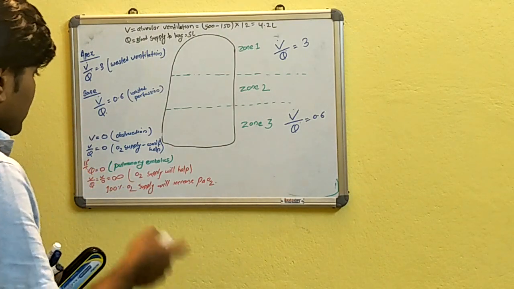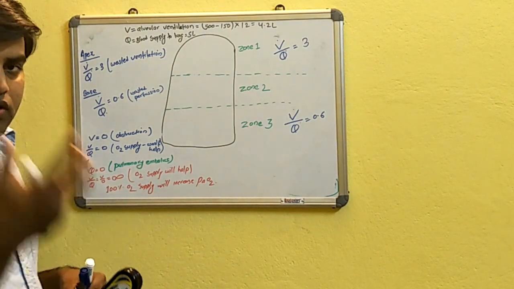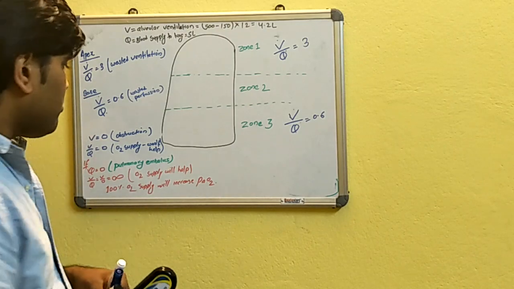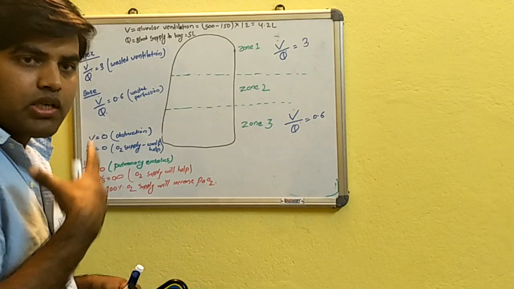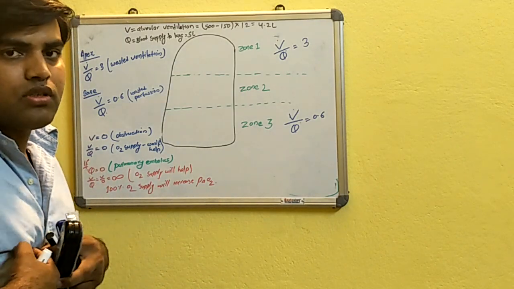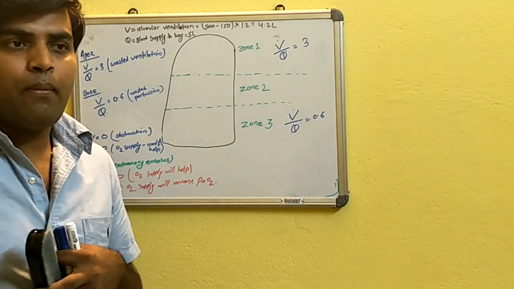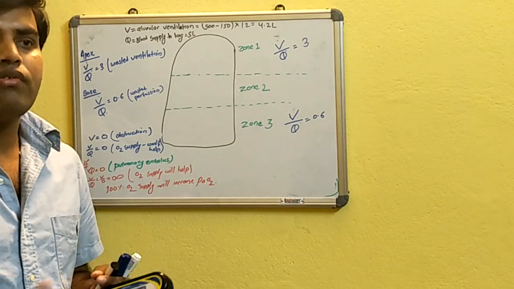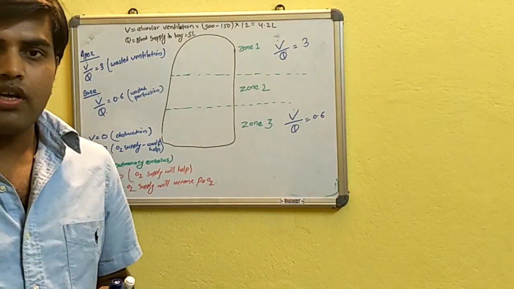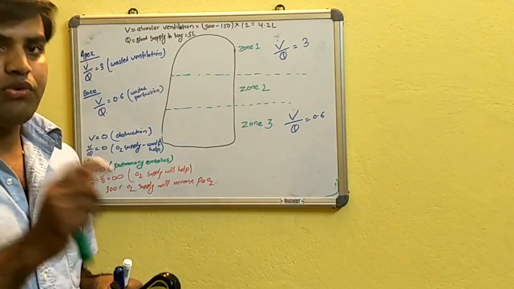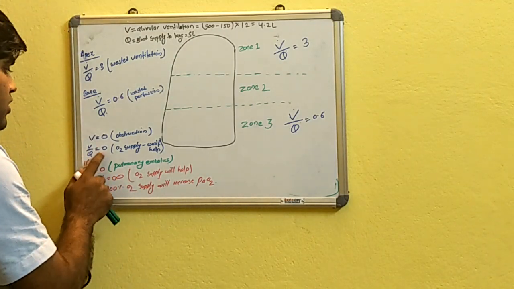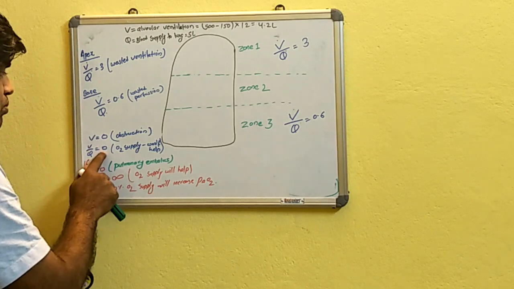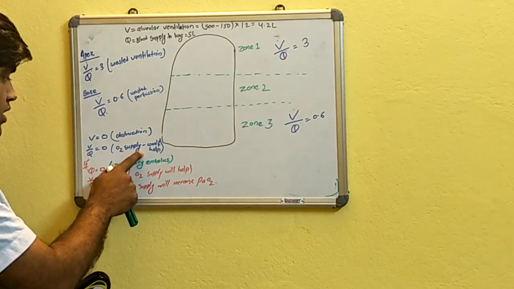So what happened in that case? If you give more oxygen supply to the patient, it is not going to help. Why? Because you are giving oxygen, but it is not reaching there. That is the obstruction. Ventilation is not going there. So there is no point in giving oxygen; even if you give oxygen, it is not going to help. You have to remove the foreign body or obstruction. That is the utility: when the ventilation perfusion becomes 0, oxygen will not help. That is what it indicates.